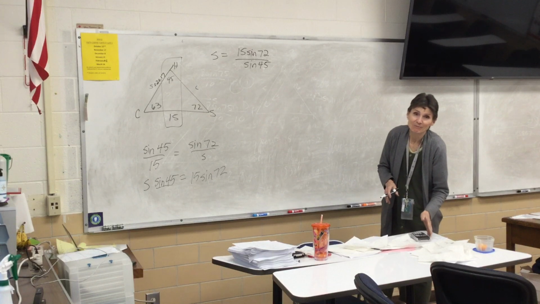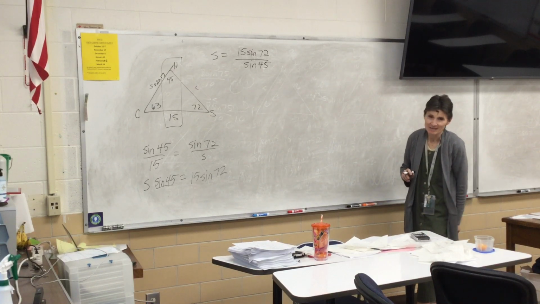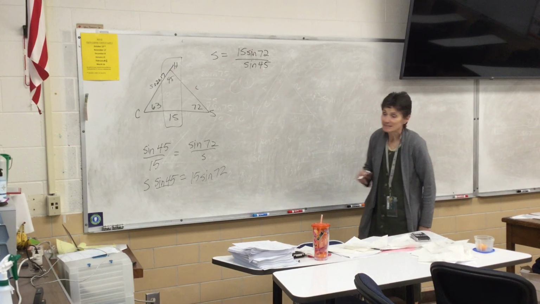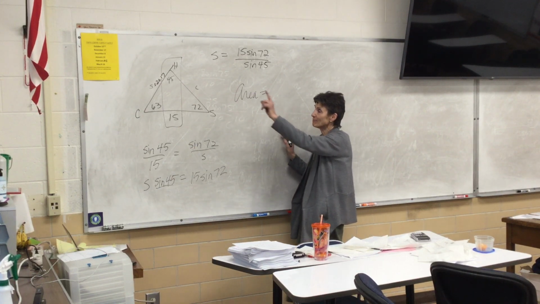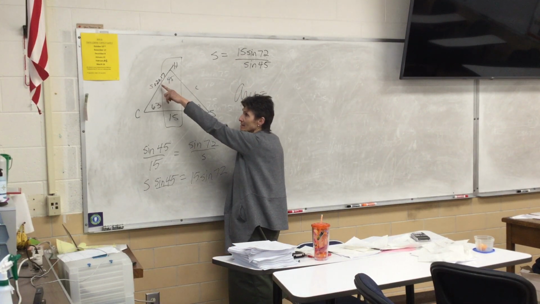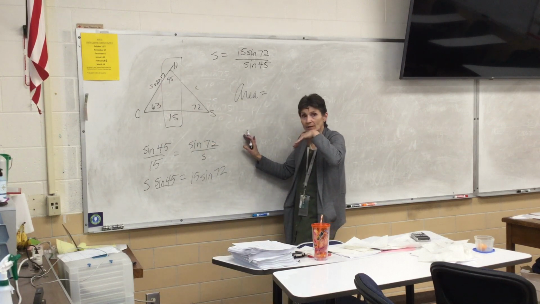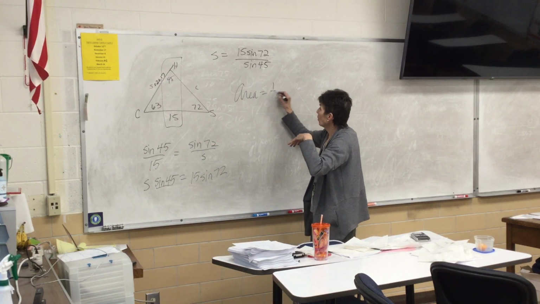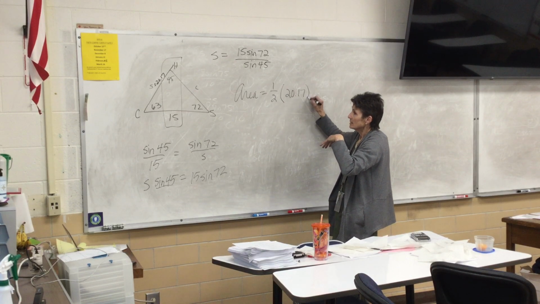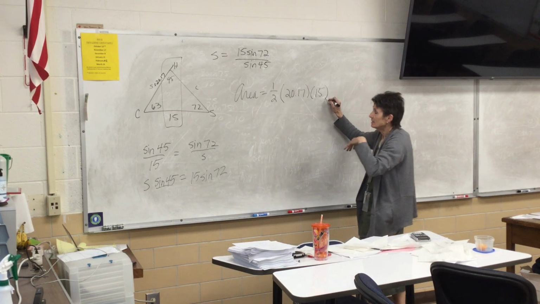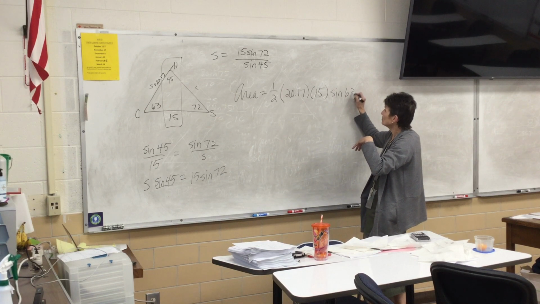Now, be careful. That's not the answer. The answer is the area. But now that you have found side S, now you can do the area. Area is 1/2 side times side times sine of the included angle.